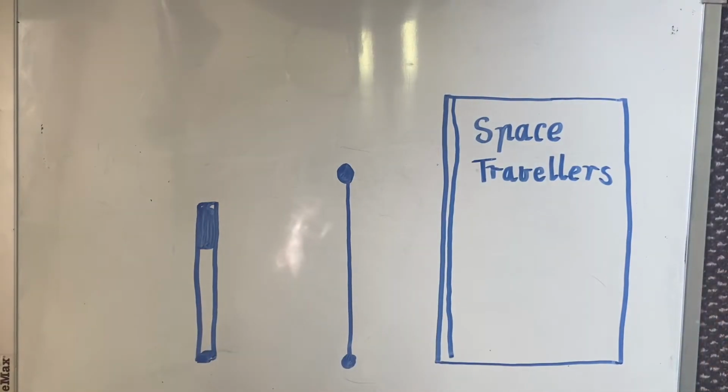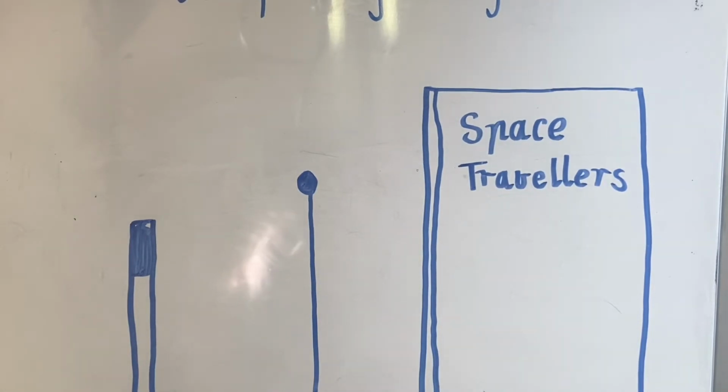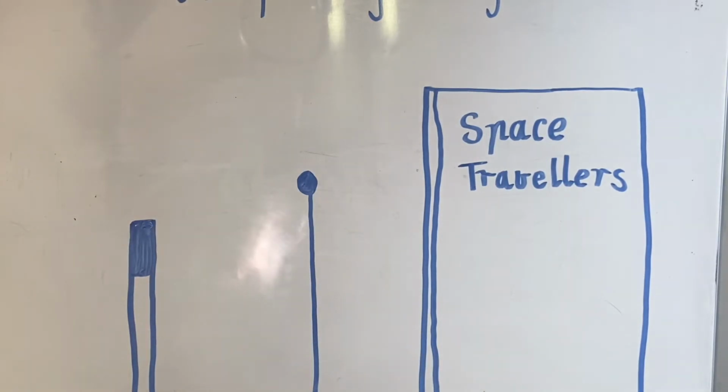Okay, there's my objects. Whiteboard marker, xylophone stick or xylophone beater, and my book. Remember those words shorter and longer? I'm going to use the words shortest and longest to label my drawing. Shortest means the shortest one.